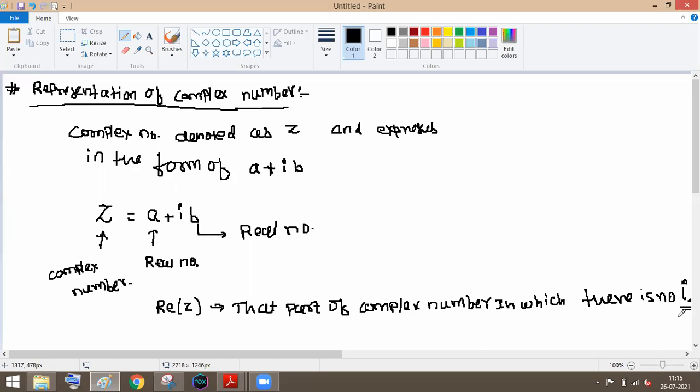That part is called the real part of the complex number. Look at the complex number Z and let me know which part does not have i.